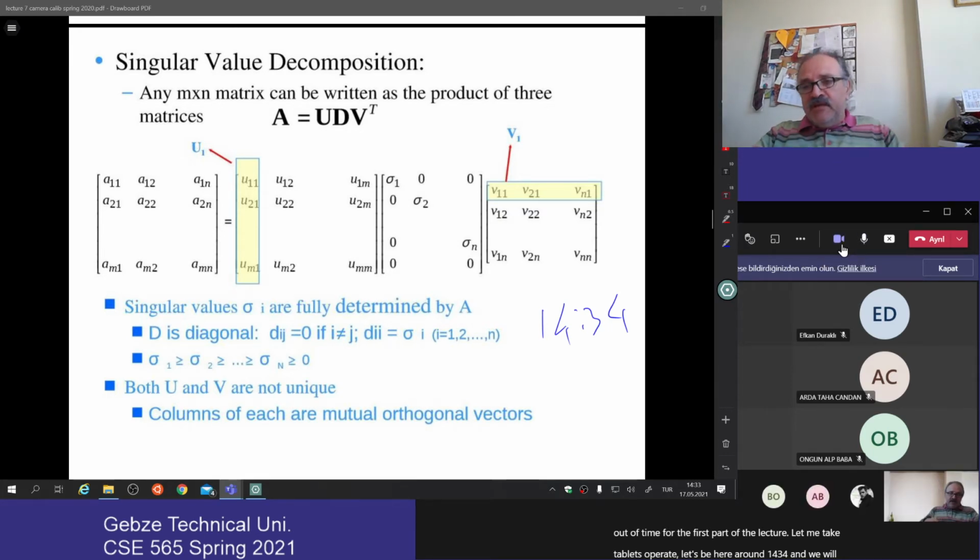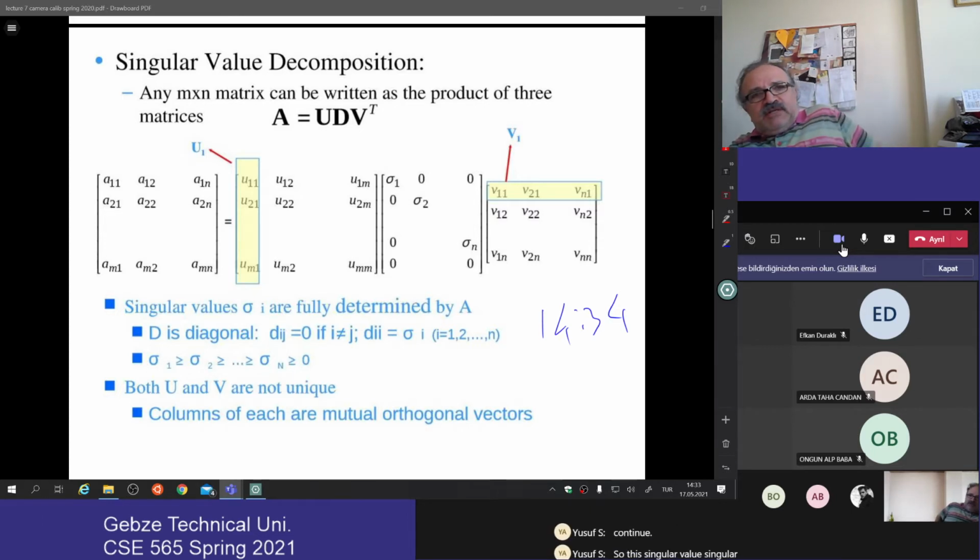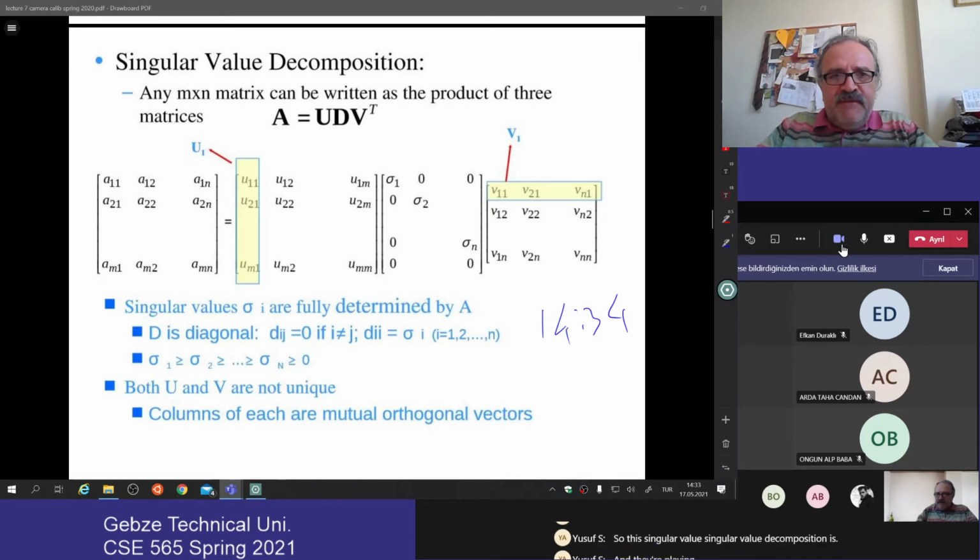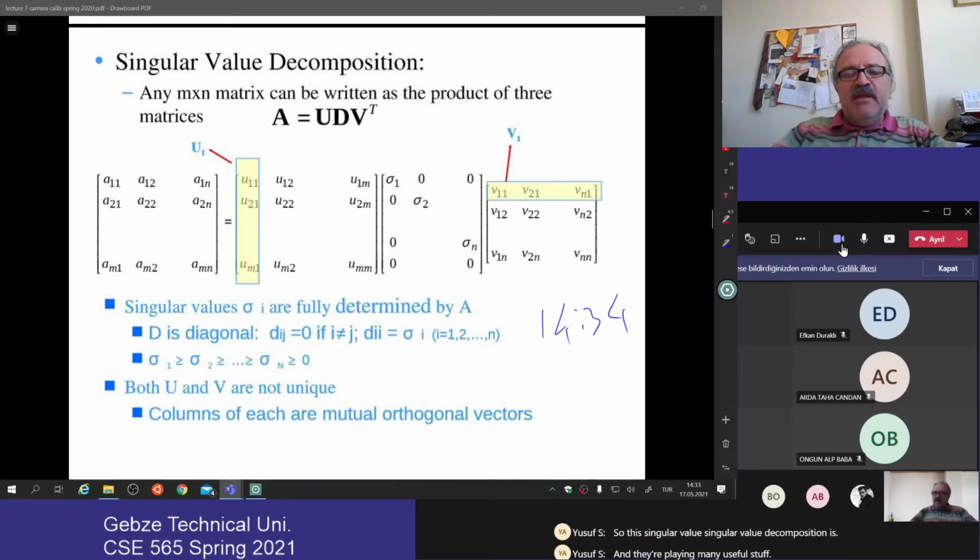So the singular value decomposition is a way of doing many useful things in linear algebra. But we are going to mainly use this technique for solving homogeneous equations.